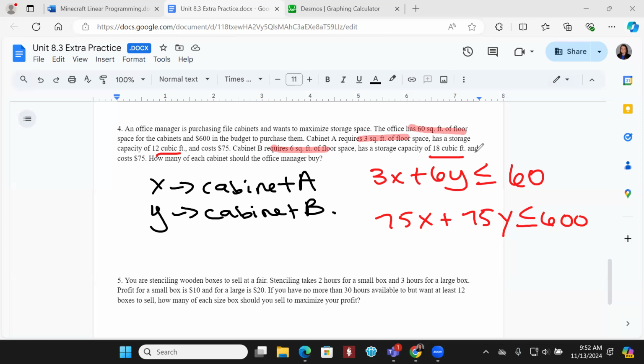They didn't tell us any other information, any other storage capacity info. Did it not? Go ahead, Mia. Yes, it's solvable.